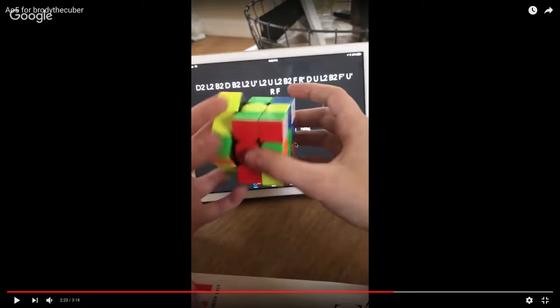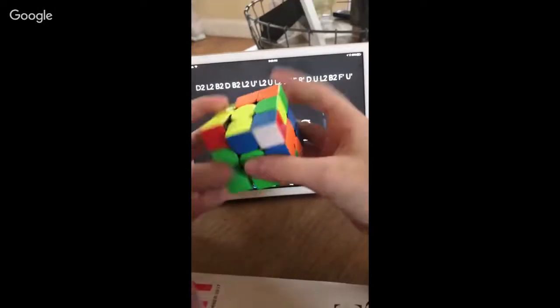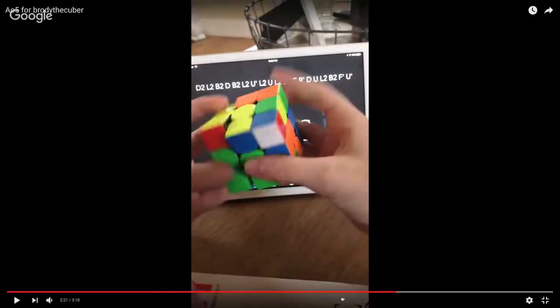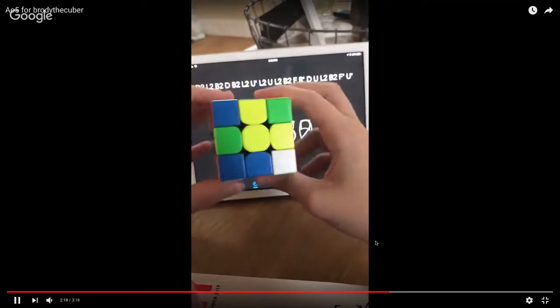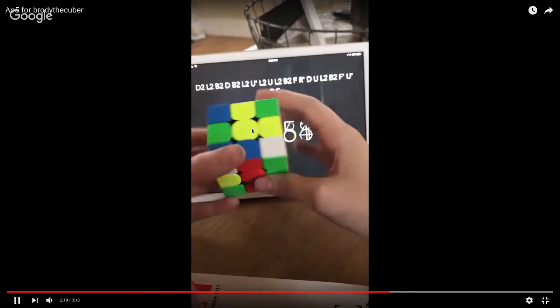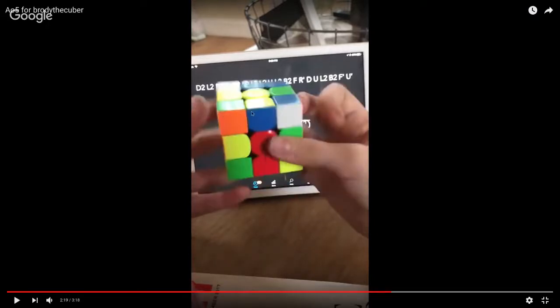There is an advanced F2L thing you could do for that case, but it's not that important. What's the case? So let me see if I can get a good angle to show you. You've got this pair, you've got the green edge in the back there that when you do a U2, you can just take out.